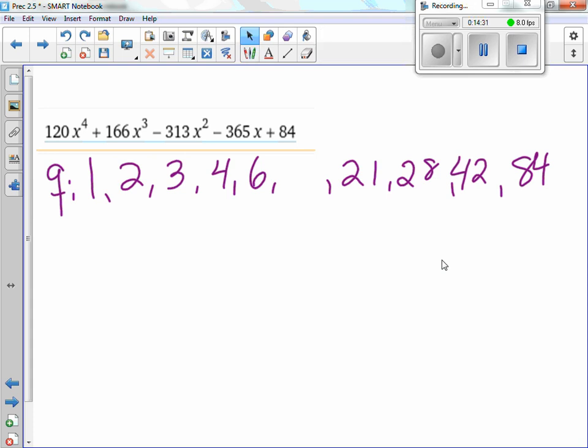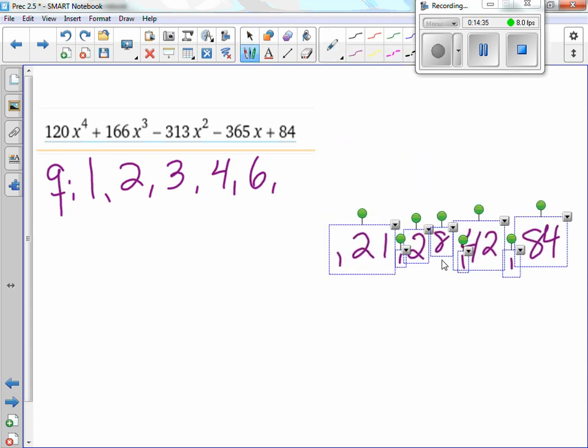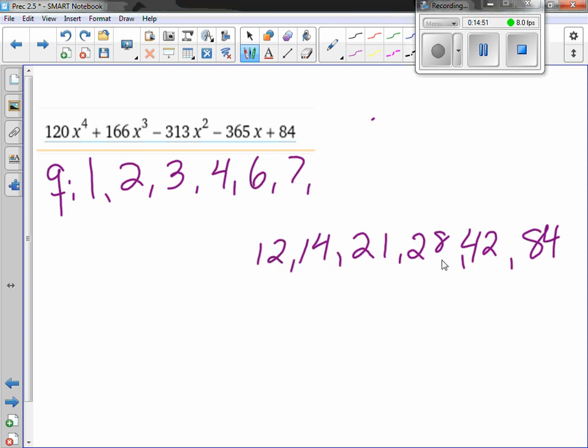6 and, what would that be? Yep. 6 and 14. How about 7? 7 and 12. 8 doesn't work.